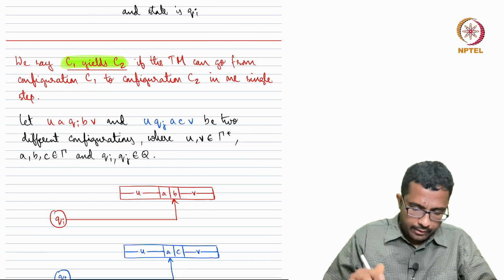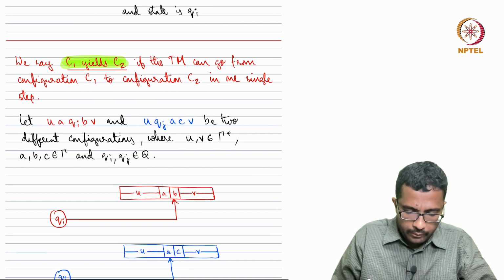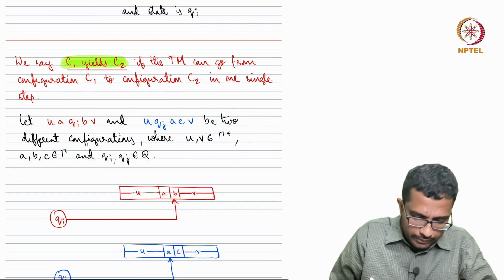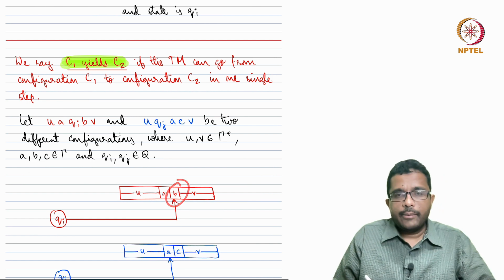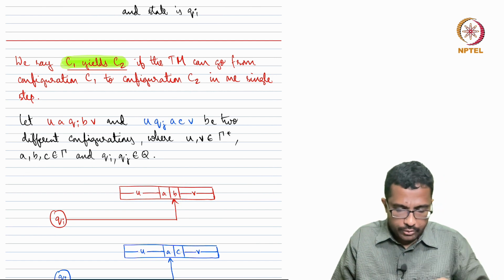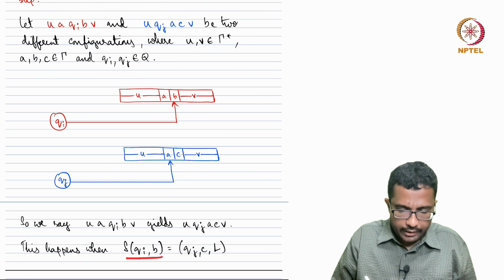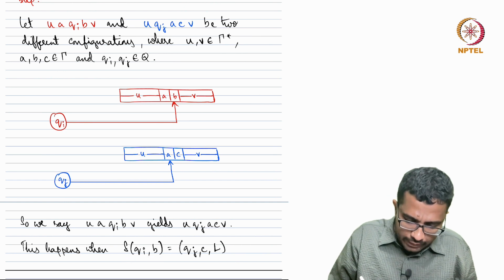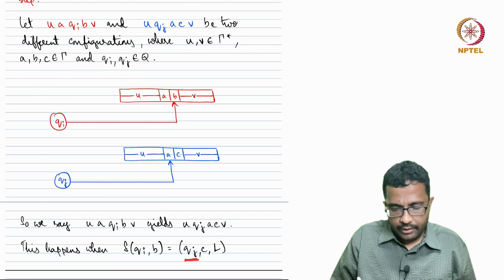So suppose you have this configuration U, A, Qi, B, V, which means you have U, you have A, you have B, you have V, and Qi is the state and you are pointing at the location of B. Now suppose the rule is that if you are in state Qi and you are reading B from the tape, then you have to write C, you have to go to state Qj and move left.